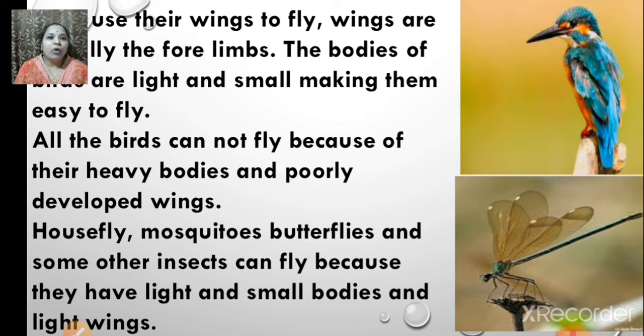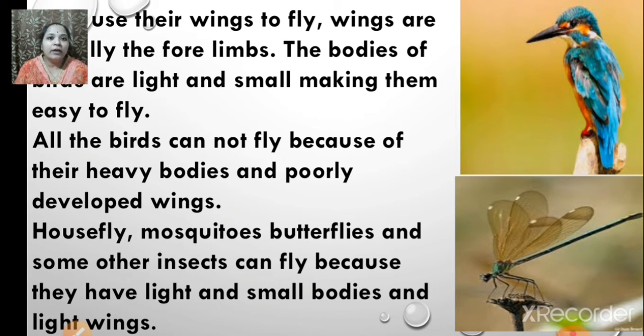Because our body is heavy. So we cannot fly with this heavy body. In the same way, all the birds cannot fly, especially the birds with heavier bodies and poorly developed wings like ostrich, emu, cassowary, etc. They are flightless birds.